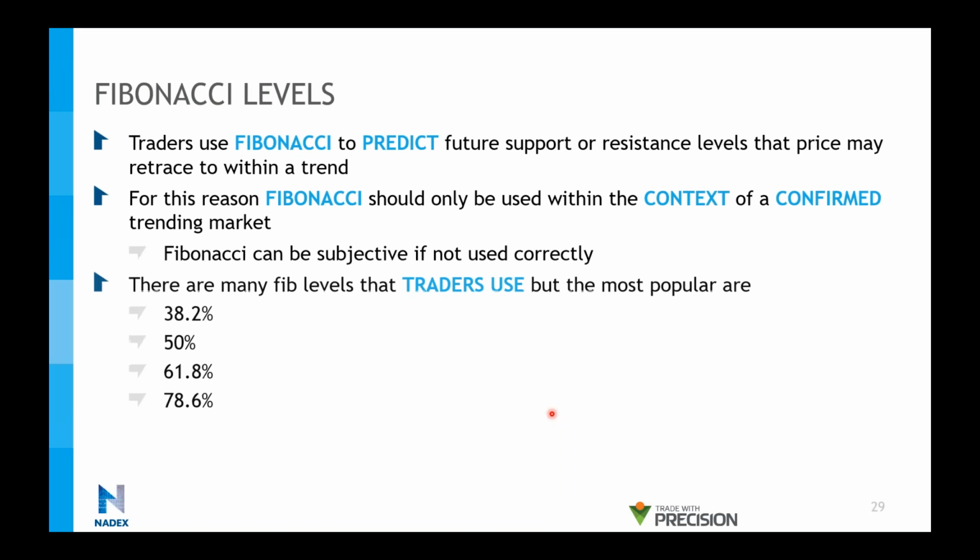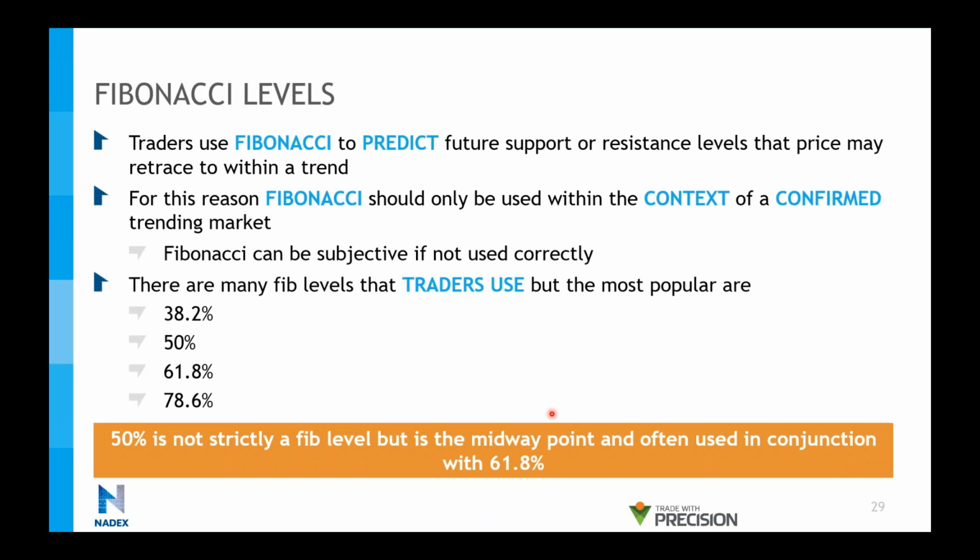Once again, we want to have an idea about the future. We want to predict something. And with Fibonacci levels, we can predict future support or resistance levels that price may retrace to within a trend. Again, we never know for sure, it's just a may. For this reason, Fibonacci should be used within the context of a confirmed trending market.